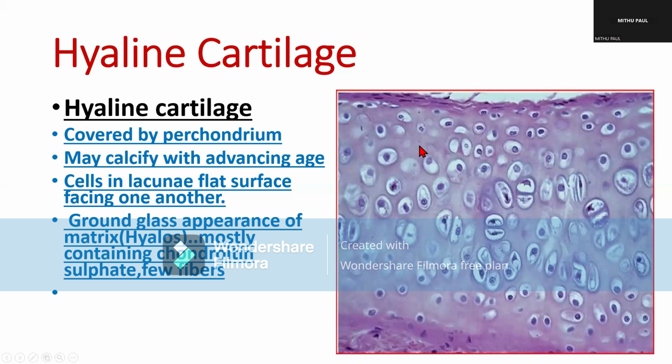The appearance of the hyaline cartilage under the microscope is glass-like, light purplish in color. Here in the histology, you will get very few fibers and this ground glass appearance, which is the identification point for the hyaline cartilage, from where the name is derived.